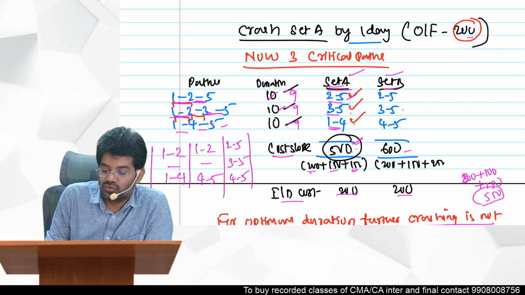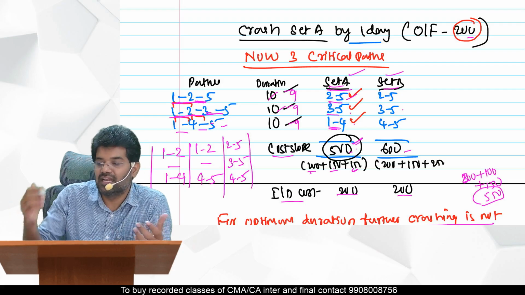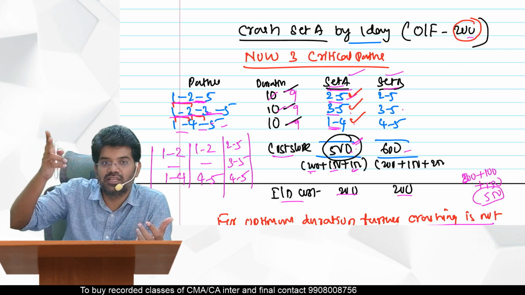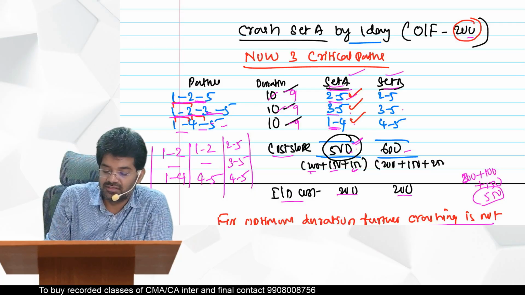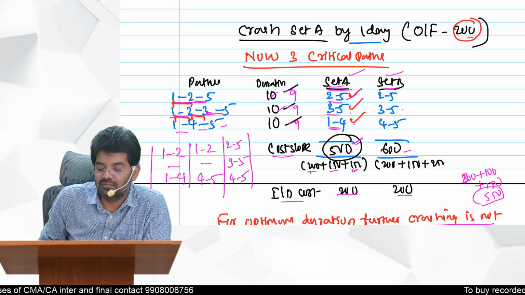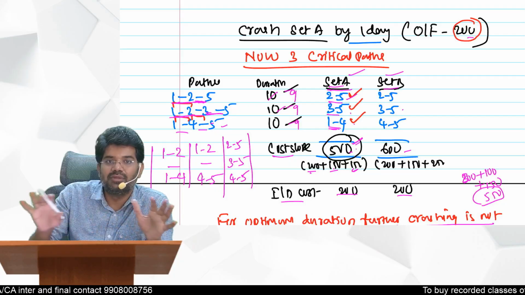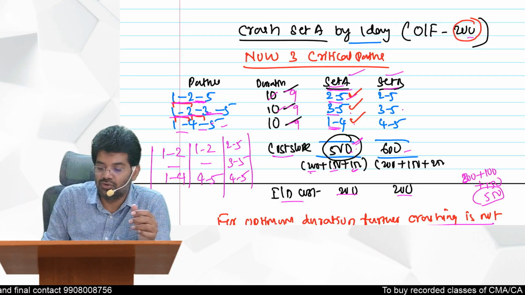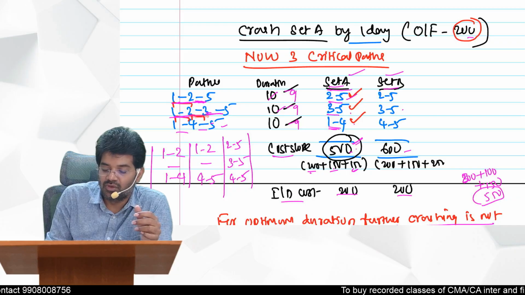That is 2 to 5, 2 to 3. What about 2 to 3? 2 to 3 is also completely crashed. Already 2 days we crashed. So 2 to 3 is also gone. That is the reason I used a red mark here. If you put a red mark here, that means those are not available for crashing, completely crashed. So 2 to 3 also you cannot use here. 1 to 4 you can use.